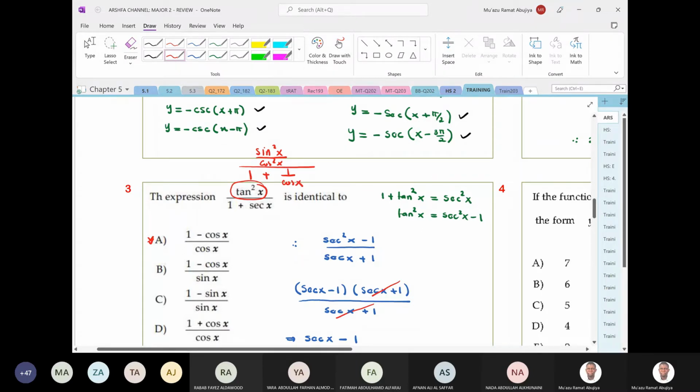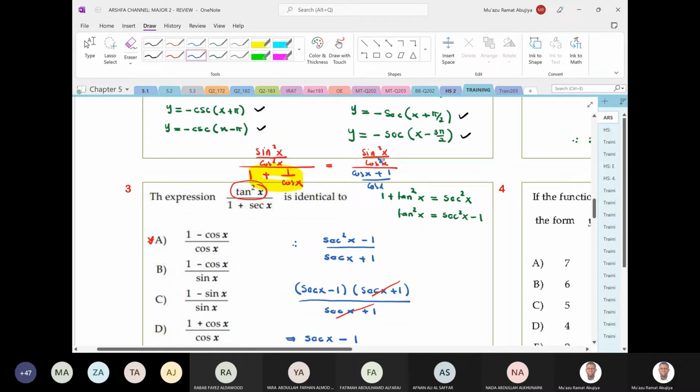If you do this one, you are going to get the same answer. How? I will explain. This is going to be equal to sine squared of x over cosine squared of x divided by, taking the LCD for this denominator, cosine of x plus 1 over cosine of x.